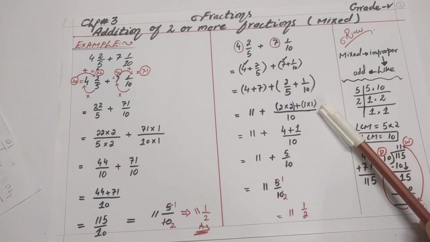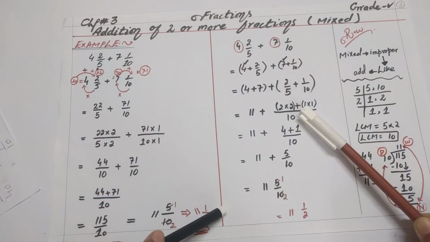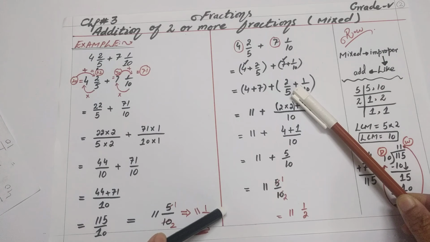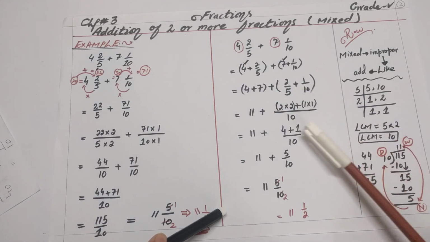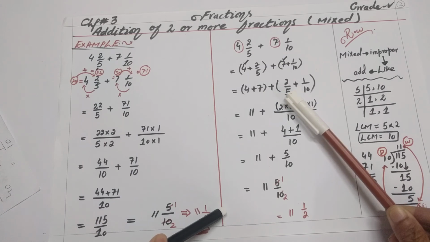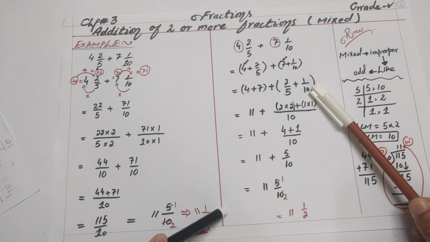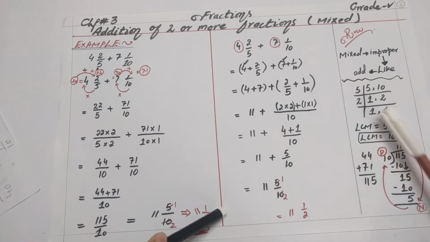Here I have just used one direct method. I am not doing it like this in the separate form. I am just doing directly. How? As our denominator was 5 and our LCM was 10, so 5 into what is 10? 5 2s are 10, so I am directly multiplying it by the numerator, and same is here. Our denominator is 10 and LCM is 10.